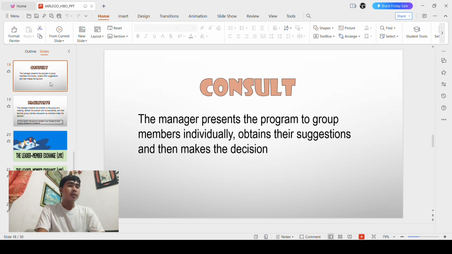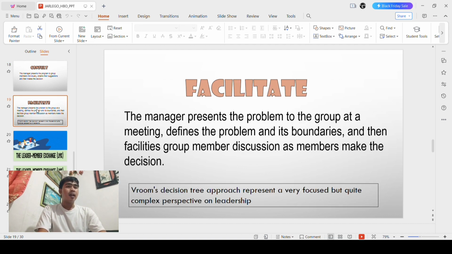The manager presents the problem to group members individually, obtains their suggestions, and then makes the decision. And lastly, facilitate. The manager presents the problem to the group at a meeting, defines the problem and its boundaries, and then facilitates group member discussion as members make the decision.